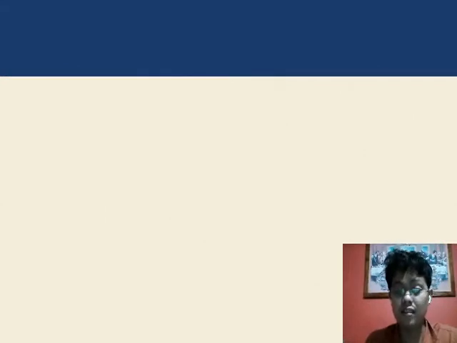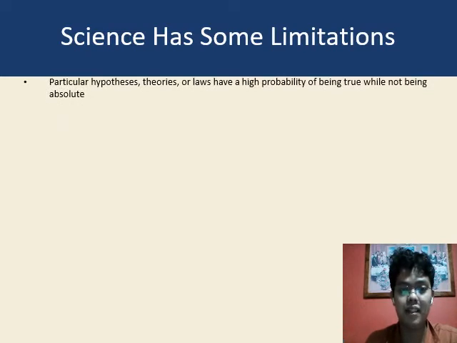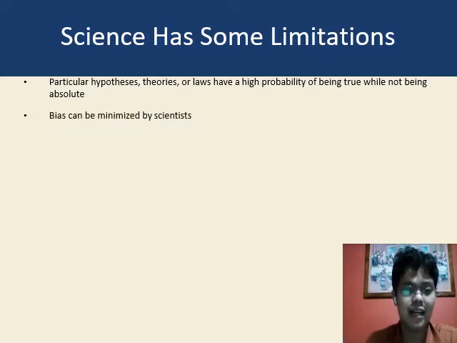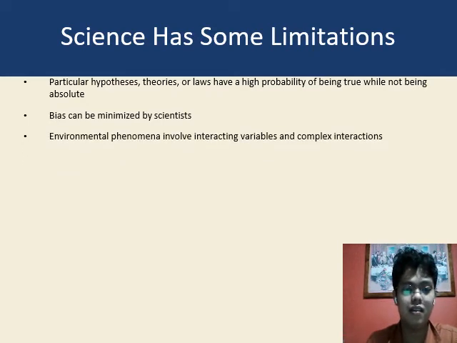Also, science has some limitations. One of them is that particular hypotheses, theories, or laws have a high probability of being true while not being absolute. Second, bias can be minimized by scientists. Third, environmental phenomena involve interacting variables and complex interactions.